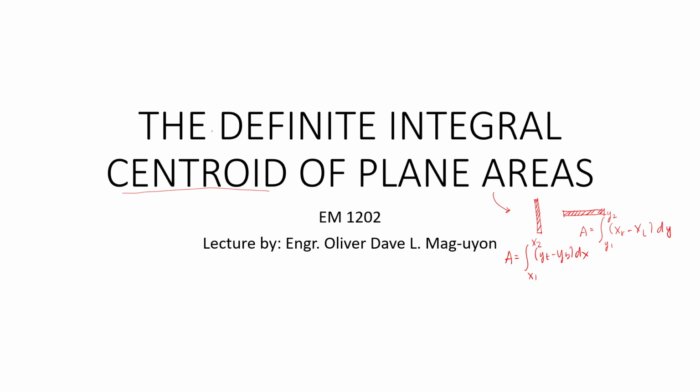But for the centroid of plane areas, we go back to the concept of the vertical and horizontal strip. I think in this topic it's pretty much the same since you will still be solving the area. What is new here is you just have to locate the centroid of the bounded region. That's just an additional task in this topic.